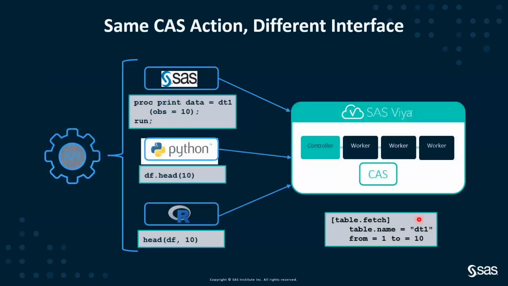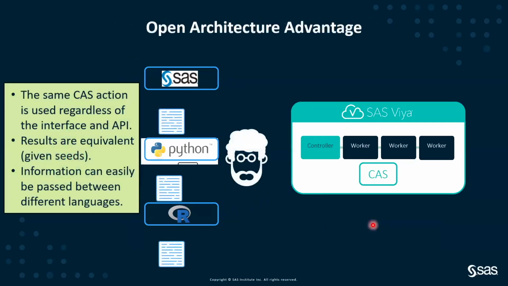So as I said, whether it is SAS command or Python or R or Lua or Java or whatever it might be, SAS Viya or CAS would understand this table.fetch CAS action only, irrespective of what might be the actual native command given from the client. In between, somewhere, the SWAT package's responsibility is to ensure that this translation happens and then the system understands.